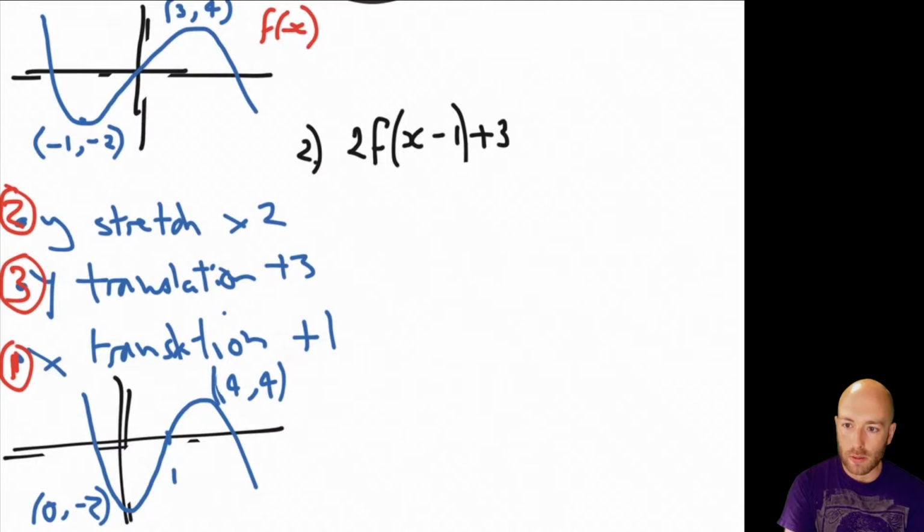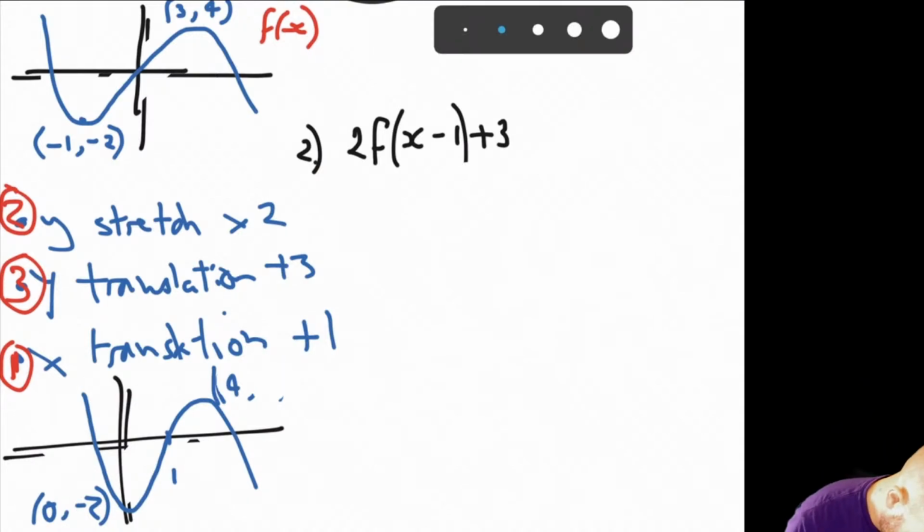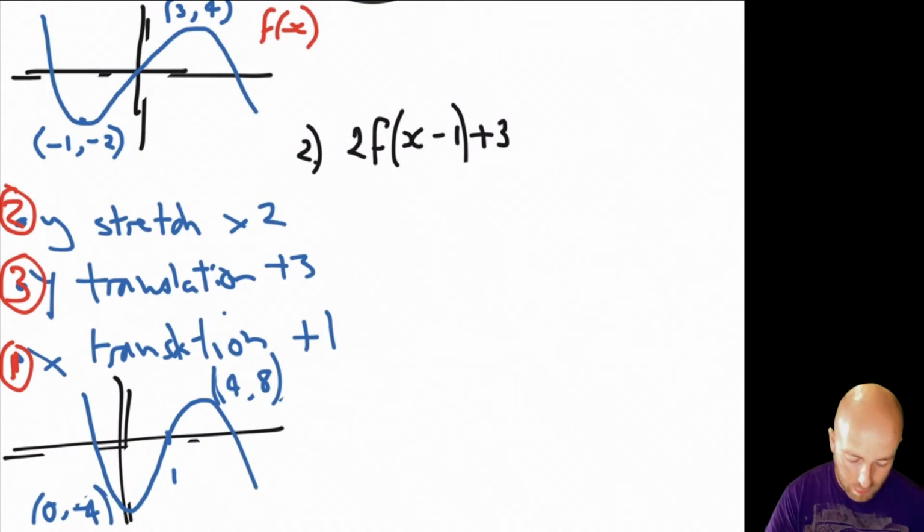Now we're going to do the y stretch, so we need to stretch those values by 2. I can kind of cheat at this and just double the y values on the graph. So instead of 4, it's going to be 8. Instead of -2, it's now going to be, was it, -4. So that's those done, and then we're going to move it up by 3.